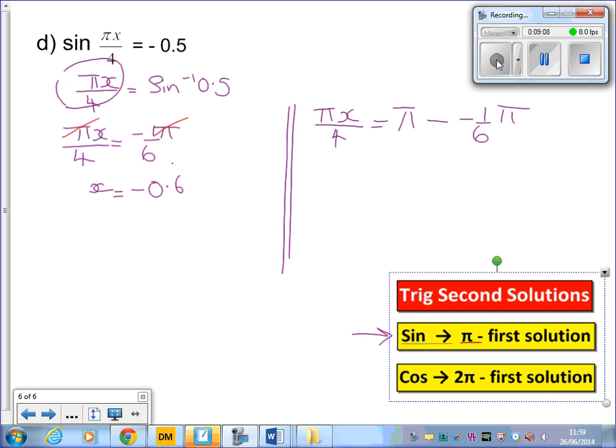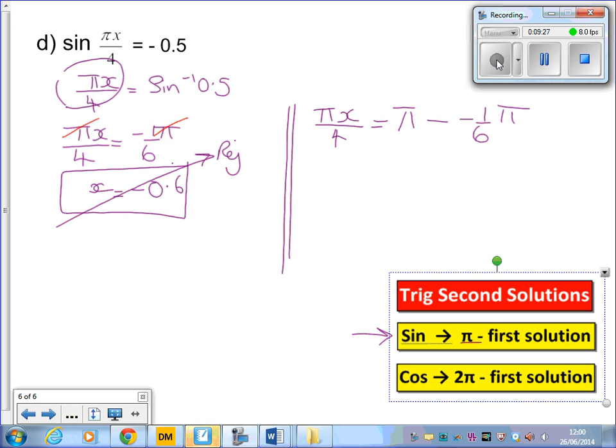We should spot a problem here. This value is not between the range that I've been asked for, so it's not between 0 and 2 pi, so this answer is no good to us, and we're going to reject that answer.